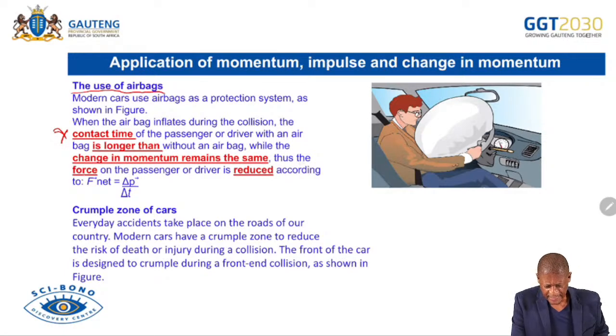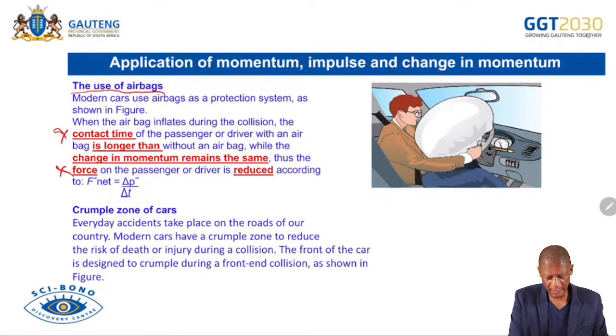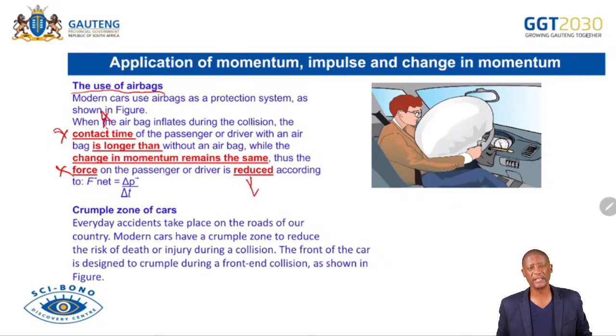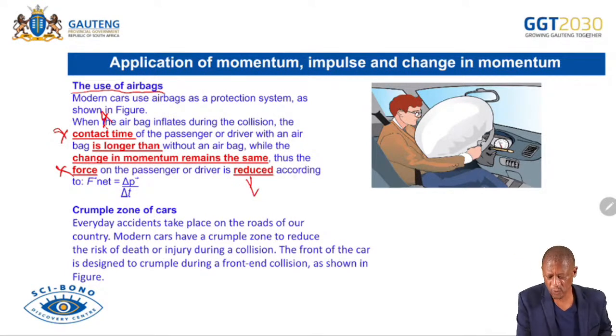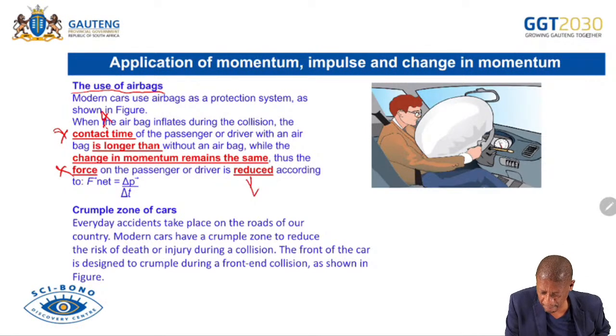Thus the force on the passenger or driver reduced. What do you mean by reduced? It decreased. If the contact time increased, the force reduced. It's very important. So this prevents what? Injuries in the car. That's why they put the airbag.